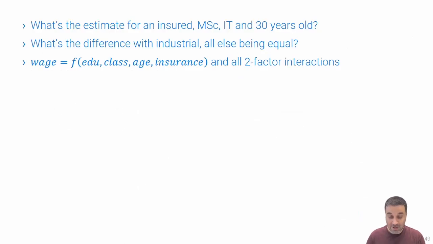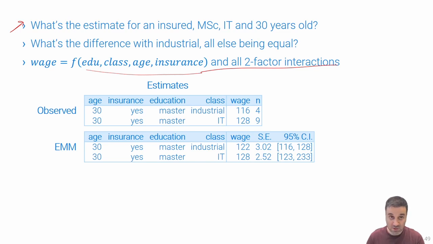And so let's go back to the two initial questions we had. We're interested in this specific profile: insured people, master's education in IT, 30 years old, and then the difference with industrial, everything else being equal. And the model we had accounted for all these factors and all the two-factor interactions. Let's compare. If we just look into the observations, we could say, okay, give me all observations of 30 years old, insurance yes, master education, and then industrial and IT.